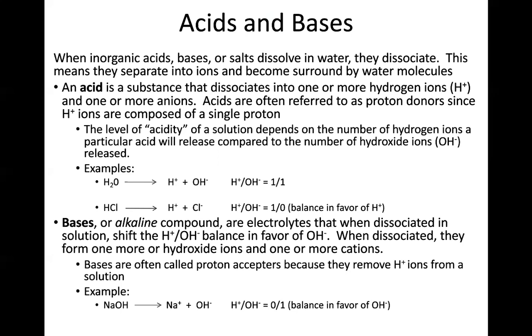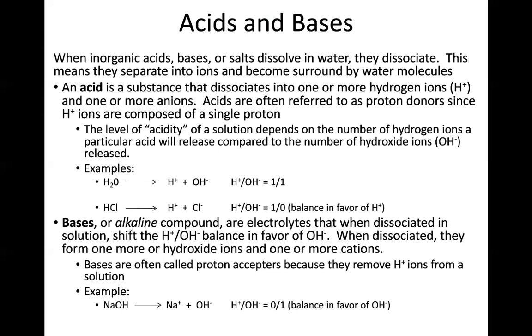Instead of calling them proton donors, we call them proton acceptors because they remove hydrogen ions from a solution. Sodium hydroxide is our example at the bottom. It dissociates to form a sodium and a hydroxide ion. 1 hydroxide, but there's 0 hydrogen ions, so it is in favor of hydroxide, our ratio, which means sodium hydroxide is in fact a base.